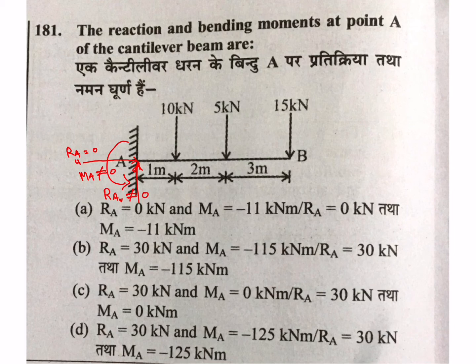Both values we have to calculate, MA and the RA vertical load. So clockwise bending moment we will take as positive, anti-clockwise as negative. And vertical load downward we will take as positive, upward as negative.